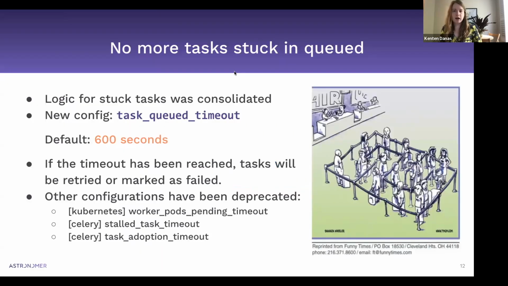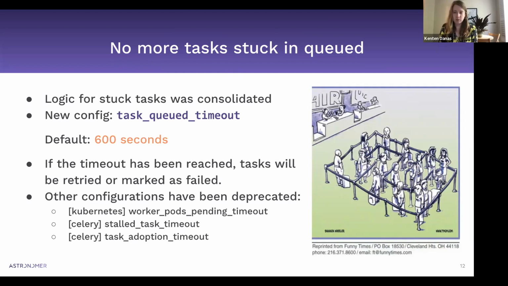This is one that I'm not actually going to demo, but I think one of the most notable things that happened in 2.6, just from an Airflow quality of life perspective, is this. If you've used Airflow for any amount of time, certainly if you've used Airflow for as long as I have, which I won't date myself, but pre-2.0 days, many years ago, you've probably dealt with tasks getting stuck in a queued state.